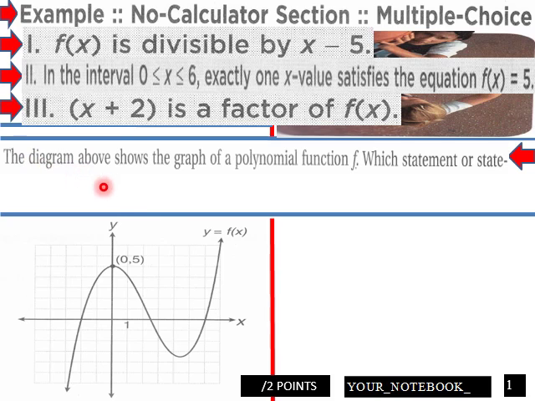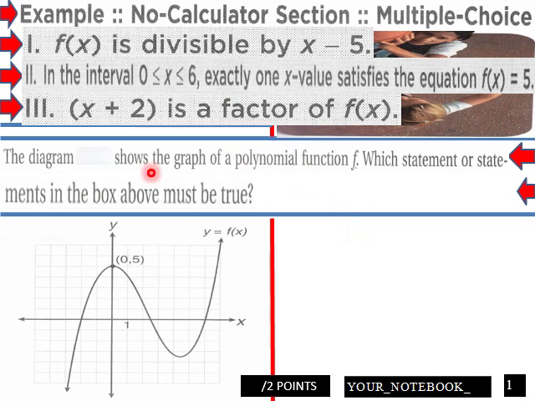The diagram here shows a graph of a polynomial function f. Which statement or statements in the box above must be true?